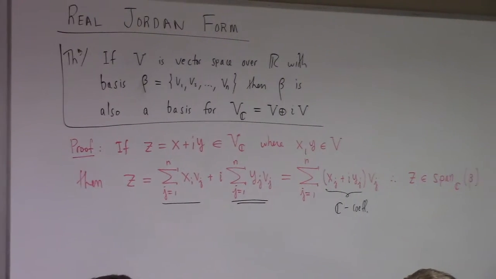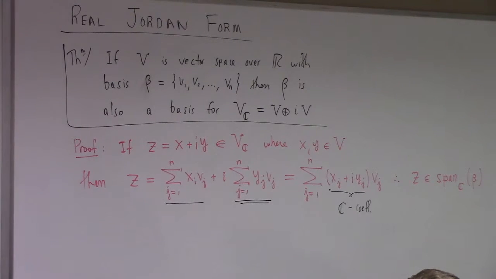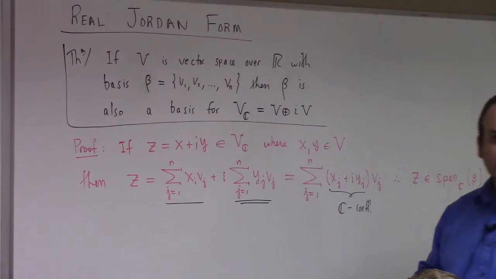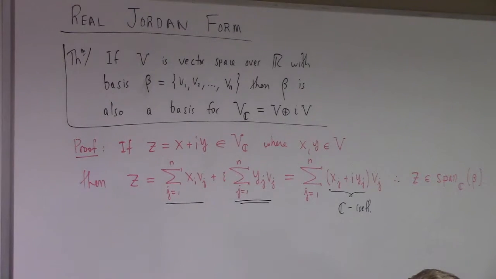And so z is an element of the span over C of the same set of real vectors, beta. So the vector space and its complexification are united. They share the same basis. All right, that's a nice thing. So what that means then, right? What's a consequence of that?